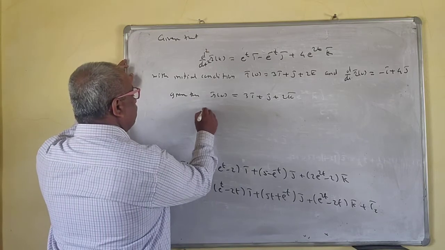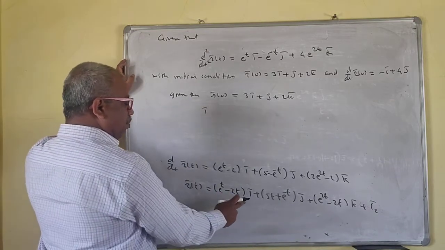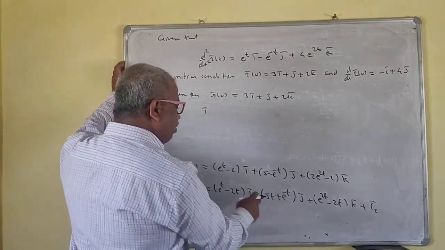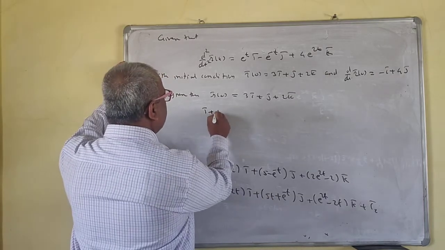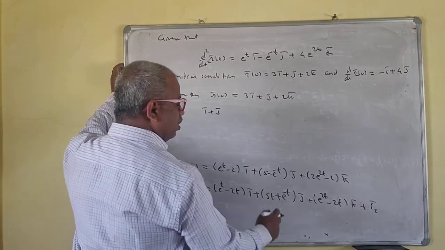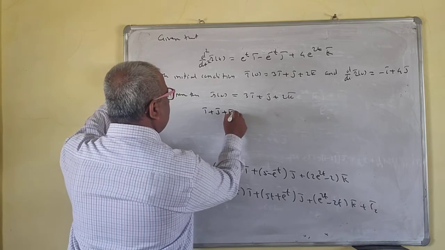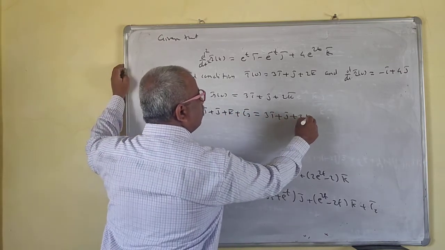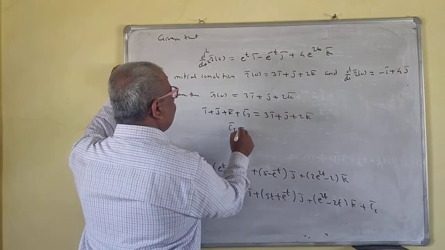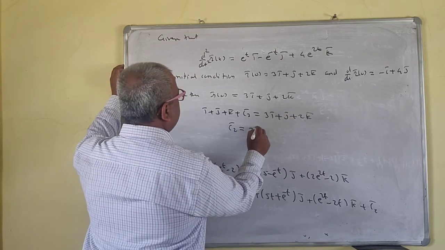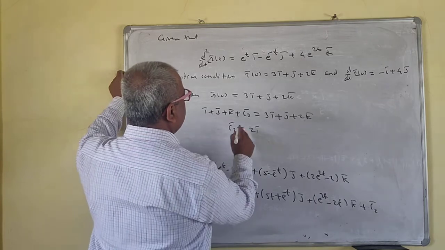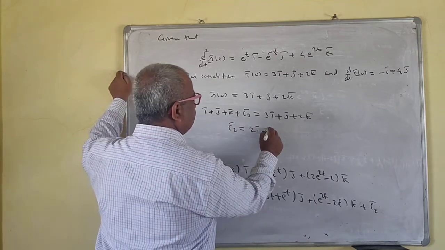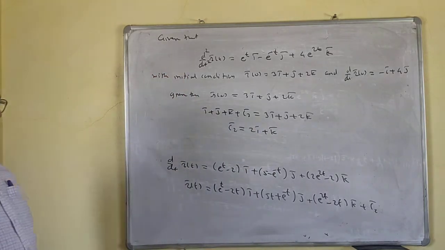This is i bar, because this is 0, i bar plus j bar plus k bar plus c2 bar is equal to 3 i bar plus j bar plus 2 k bar. So c2 bar is equal to what then? Twice i bar plus k bar; j bar gets cancelled.